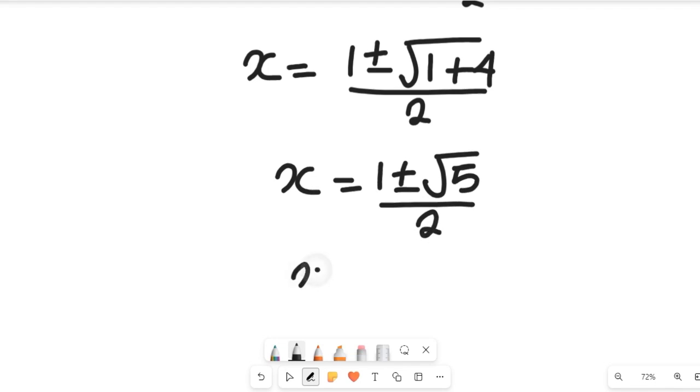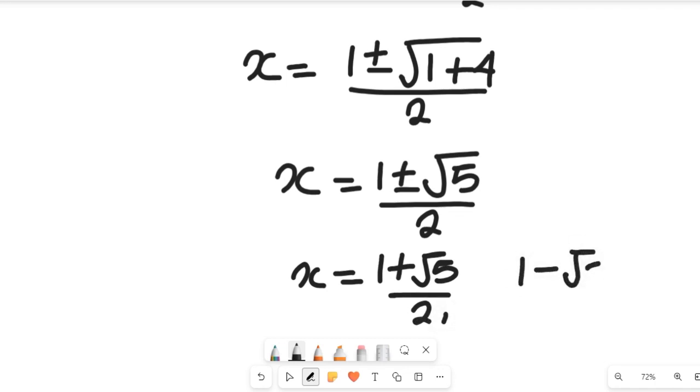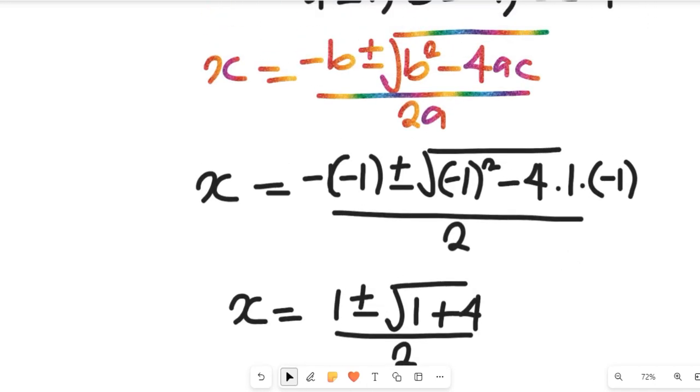So our value of x will be equal to 1 plus square root of 5 divided by 2, or it can be 1 minus square root of 5 divided by 2. So these are the two expressions for the value of x.